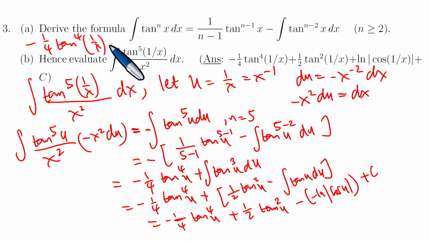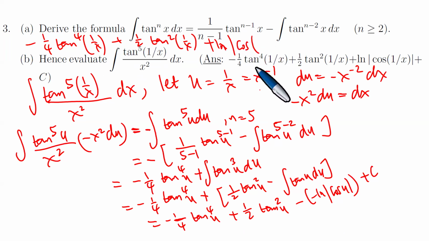And then here you have 1/2 the tangent squared of 1 over x. For this one, we have negative by negative, which gives us a plus the natural log of the cosine of u, which is 1 over x, plus c.